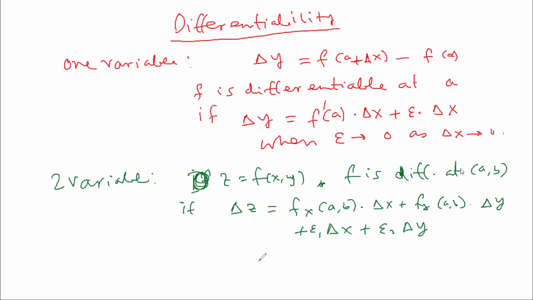This is true when epsilon 1 and epsilon 2 both approach 0 as delta x, delta y both approach 0. So this is a formal definition of differentiability in two variables.